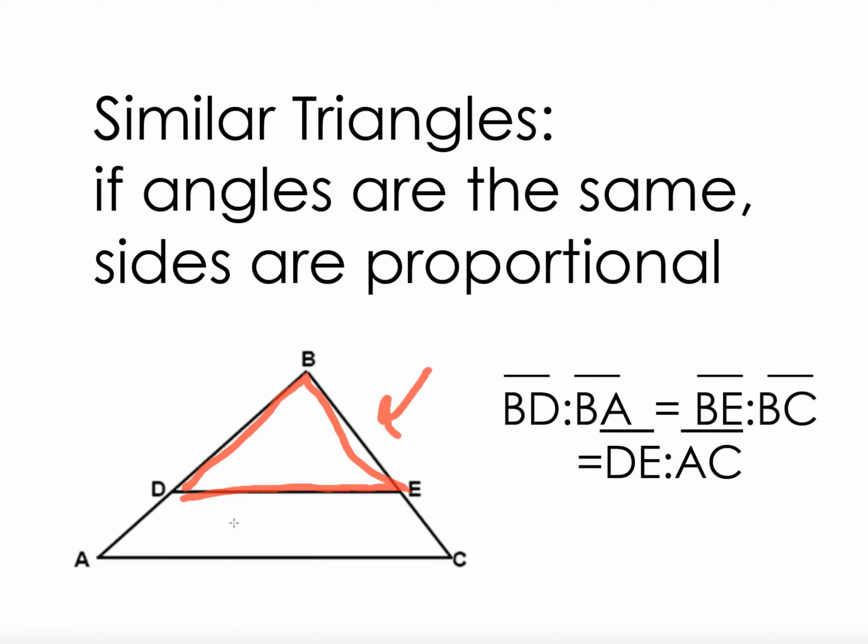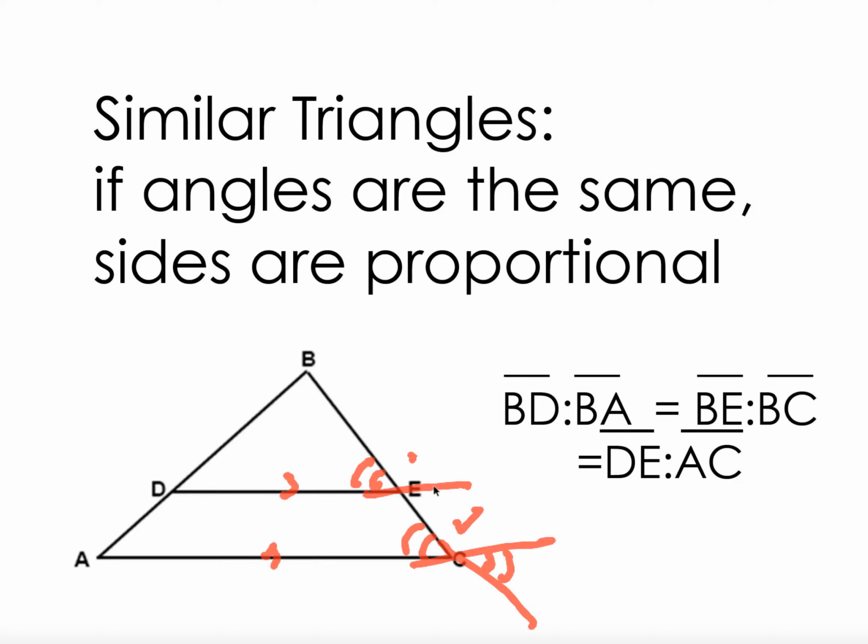Now, how do we know that all their angles are the same? They're usually going to tell you that the bases are parallel. So DE would be parallel to AC here, and then we know from our parallel line system that they're going to have the same angle measurements because this alternate exterior here, angle C, and the angle that will be vertical to angle C here are the same. So then angle C will also be the same as angle C. The parallel line system lets us know that they are sharing the same angles at the edges.